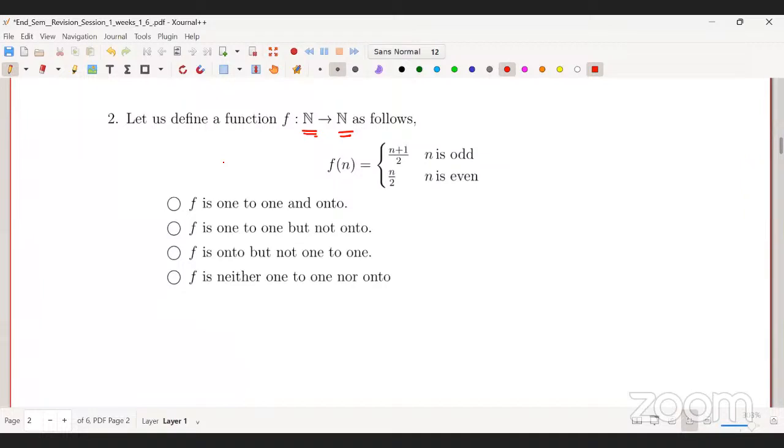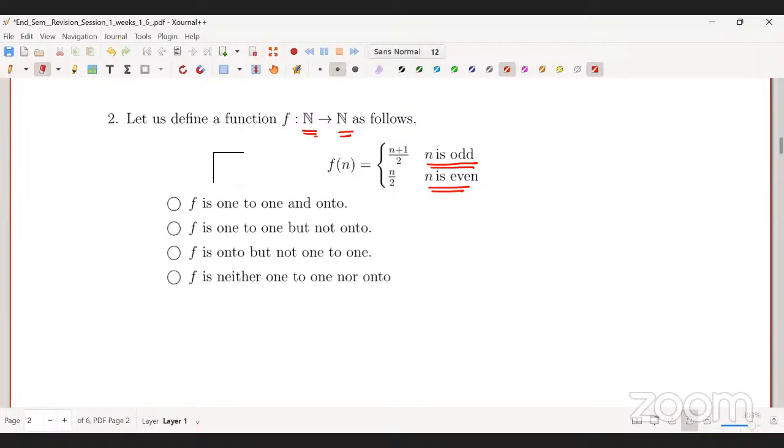So f is a map from N to N, and it is defined like this. f of n is (n plus 1) by 2 if n is an odd natural number, and f of n is n by 2 if n is even. Now you need to check whether f is one-one or onto or one-one and onto.